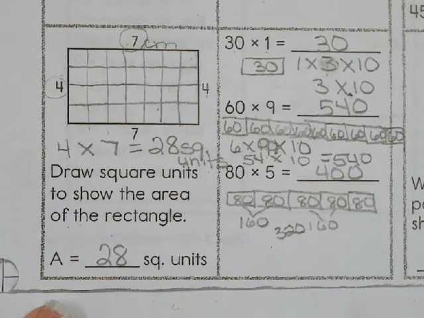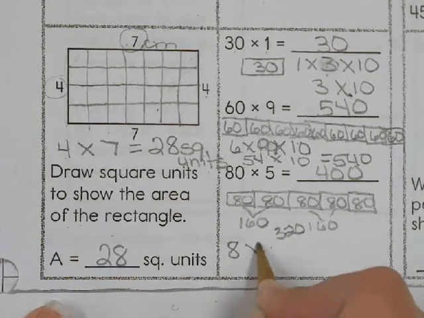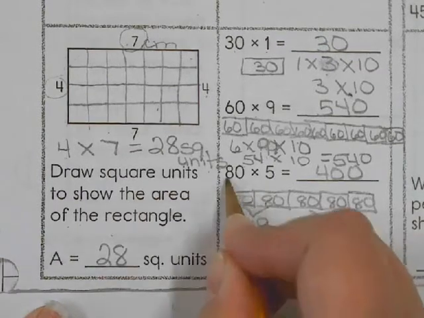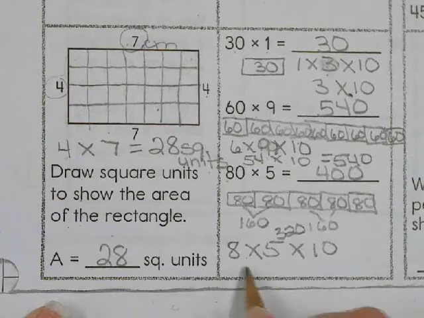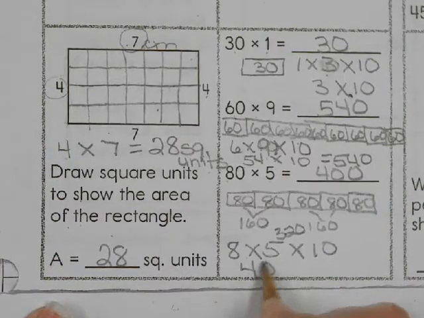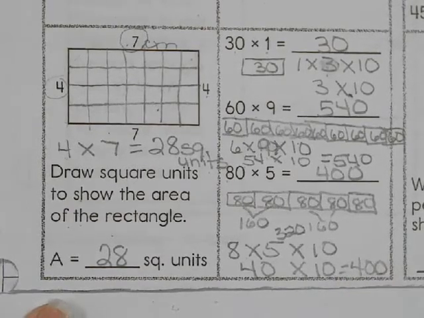Or we can take our understanding of our basic fact of 8 times 5, and multiply that by 10. So 8 times 5 is 40, multiply that by 10, and that will give us 400.